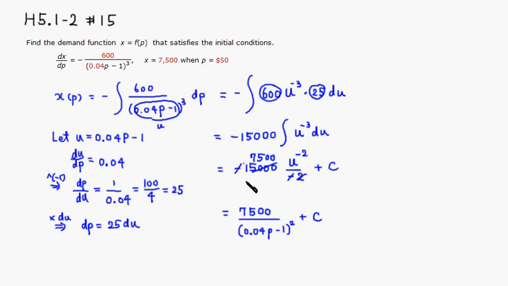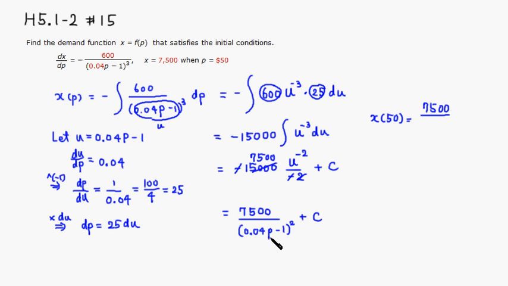So let's use this to simplify. When you plug in p equals 50, x of 50 is equal to 7,500 on top.